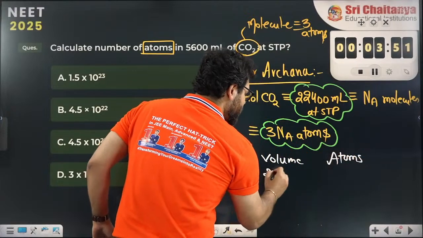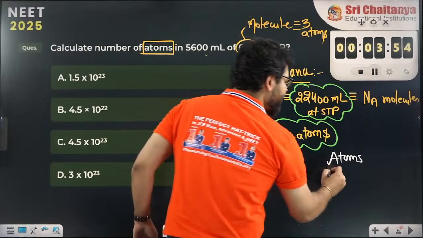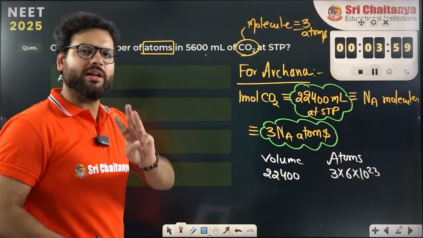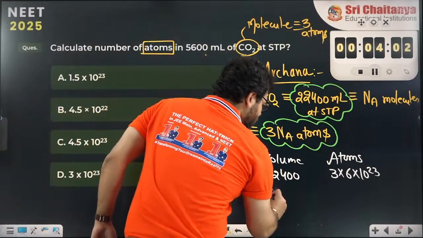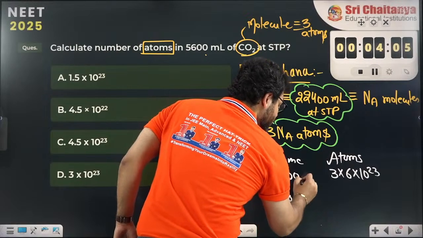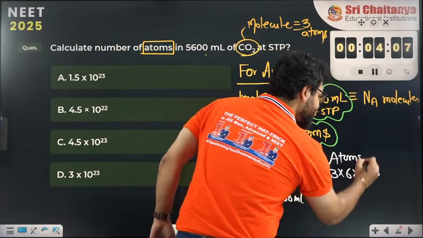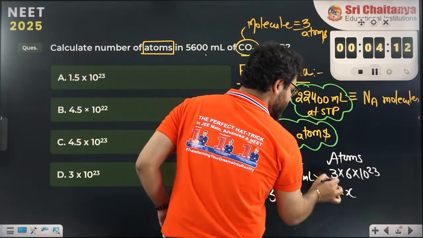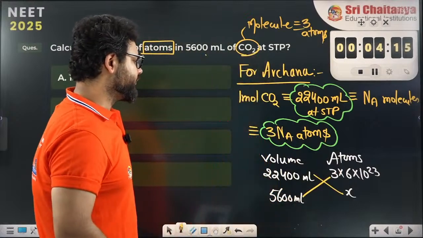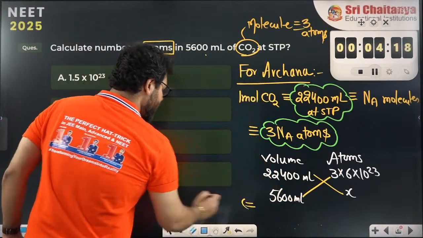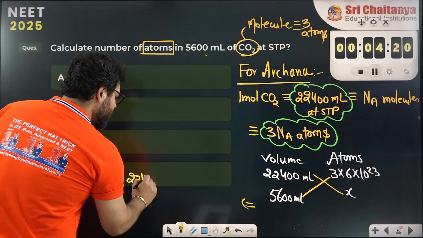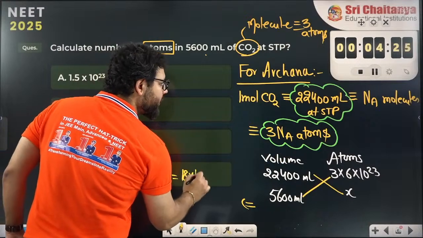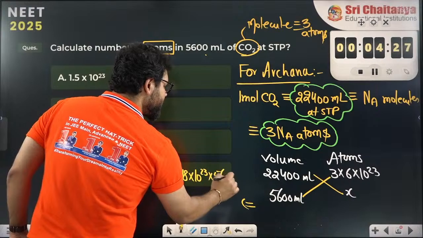When volume is 22400, then atoms are 3 into 6 into 10 power 23. When volume is 5600 ml, then atoms will be X. Cross multiply: 22400 times X equal to 18 into 10 power 23 into 5600.